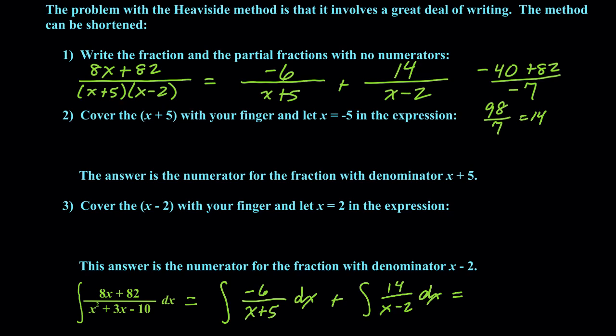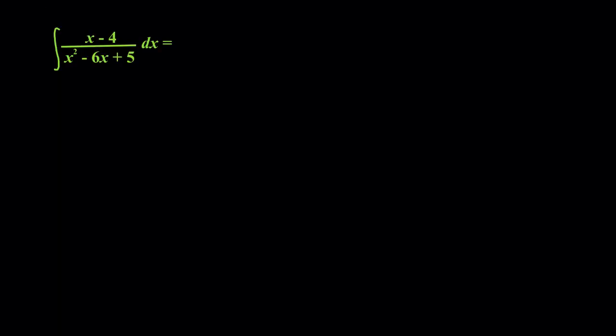These are much easier to evaluate, and you'll get your same answer that we had on the other page, which is negative 6 natural log x plus 5 plus 14 natural log x minus 2 plus c. All right, so let's take another problem here and see how this works out.